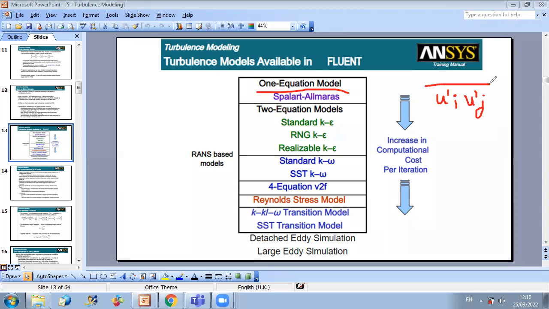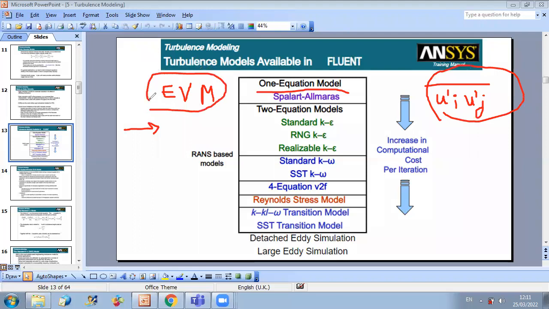This is why we started first with an approximation relating this turbulence to the eddy viscosity. So the first range of models is called eddy viscosity models, where we define an additional equation to relate the stresses to a characteristic of the flow, which is the eddy viscosity.